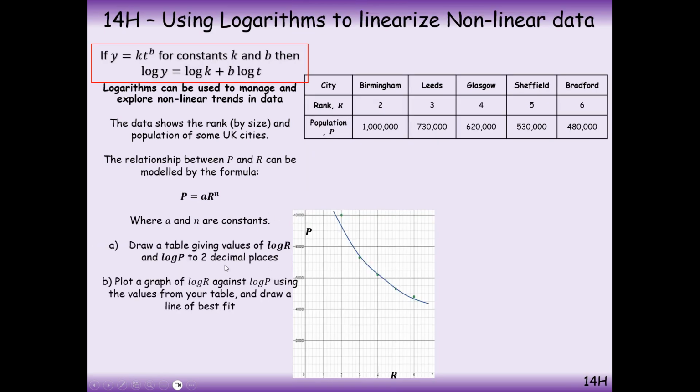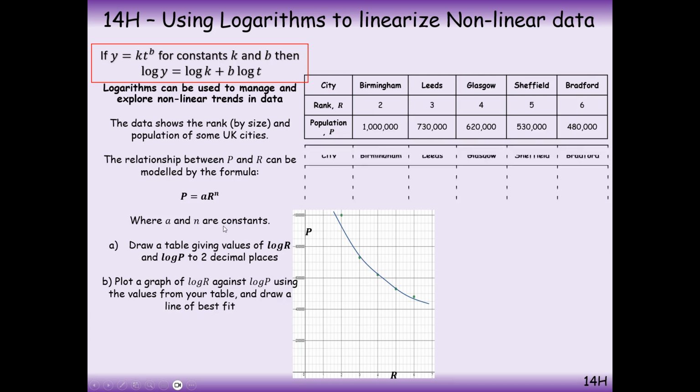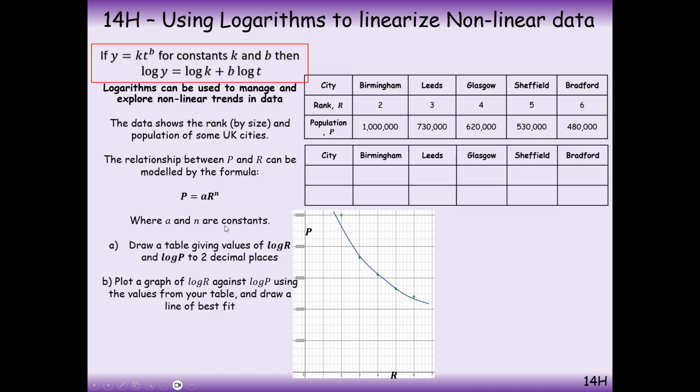Now all we have to do is work with the linearized version of this model. The question says draw the table of log r and log p, because that was in our equation. Notice, we had log p equals log a plus n log r. So we do need to transform r and p.